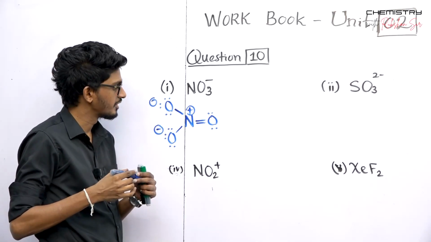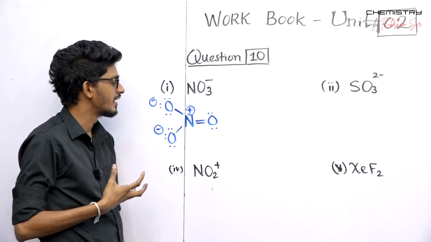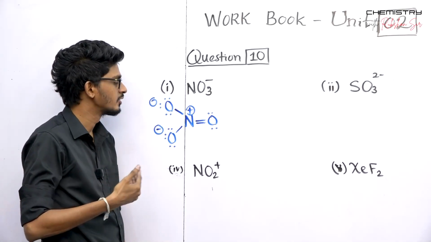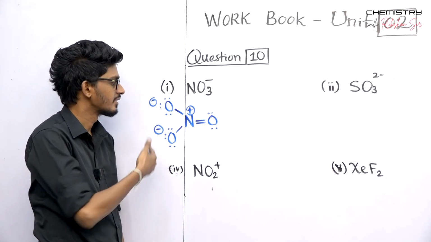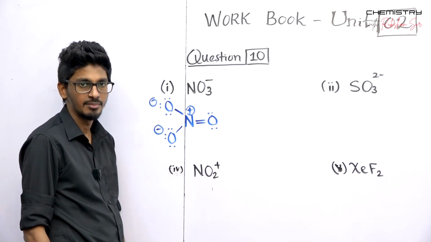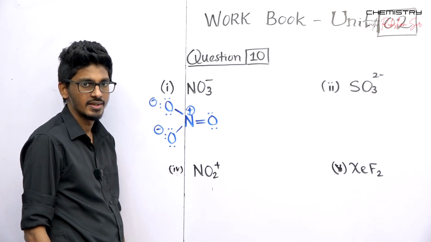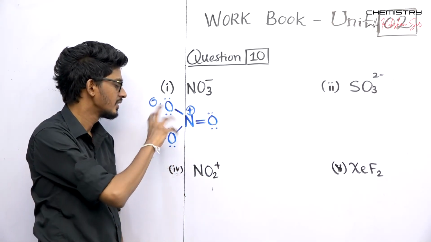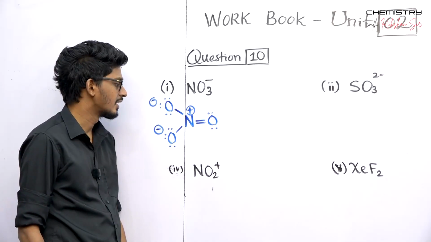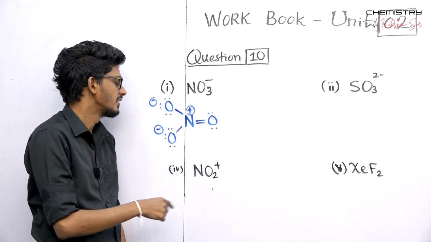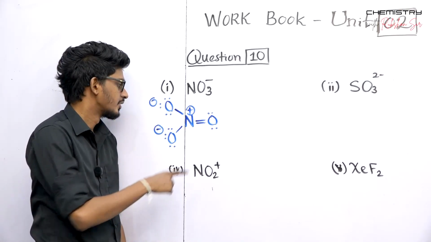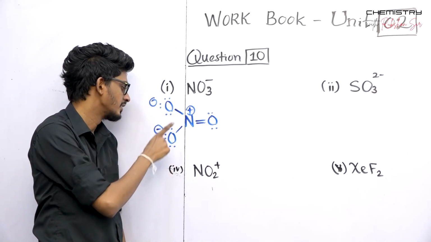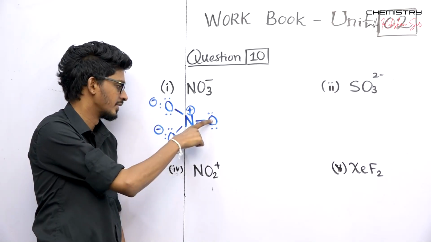But the closest diagram which represents the existing NO3 minus in nature is the resonance hybrid of this thing. Why are we saying so? Because one can draw another equally stabilized structure by drawing the double bond here, and these two guys are with minus signs.